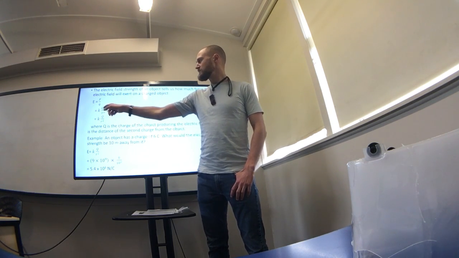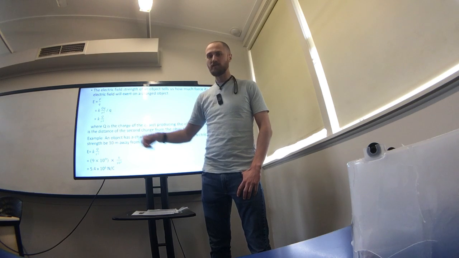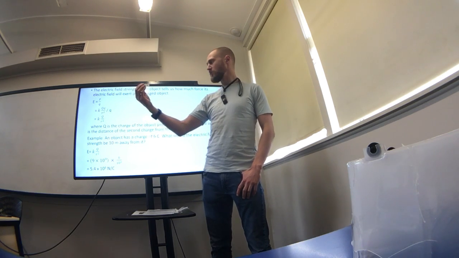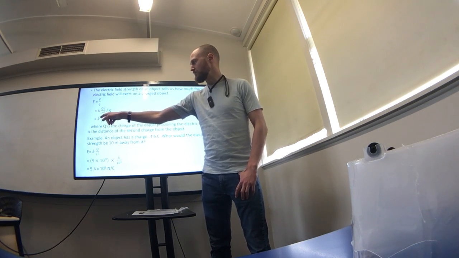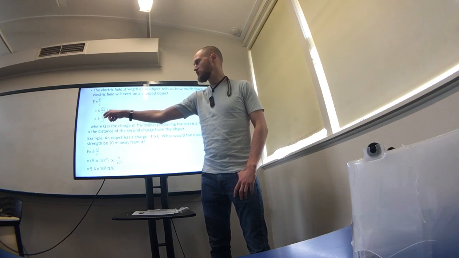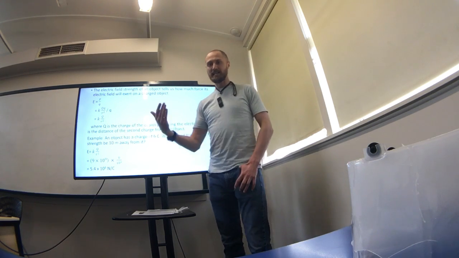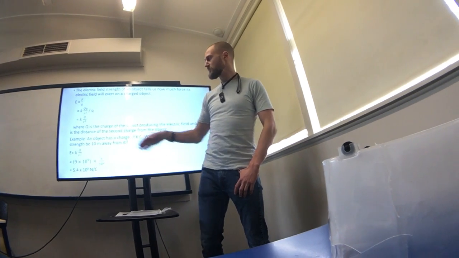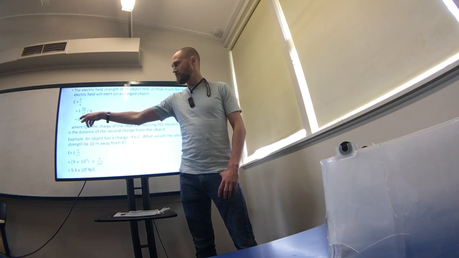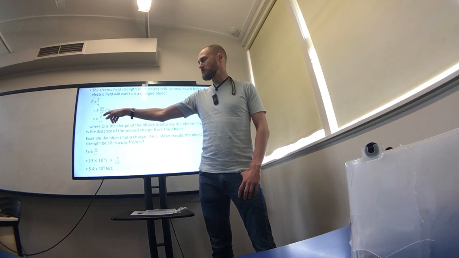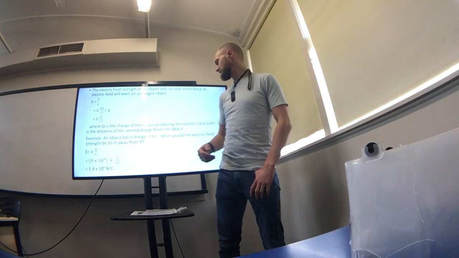Anyway, we divide that by the little q, the charge of the object that's experiencing the force, and we just get out this equation for electric field strength, kQ over R squared. Exactly the same as the equation for gravitational field strength, like I was just saying, except instead of G you've got k, and instead of the mass you've got the charge, still divided by R squared.